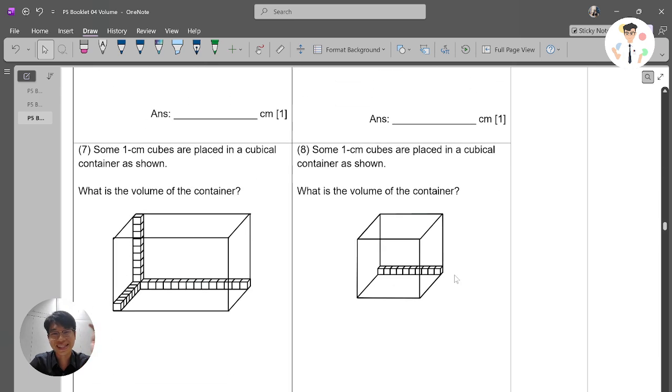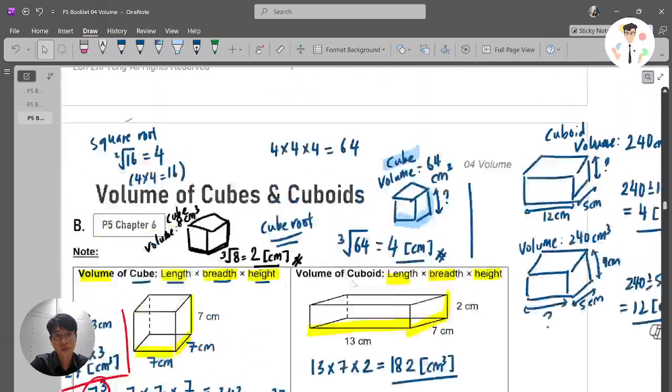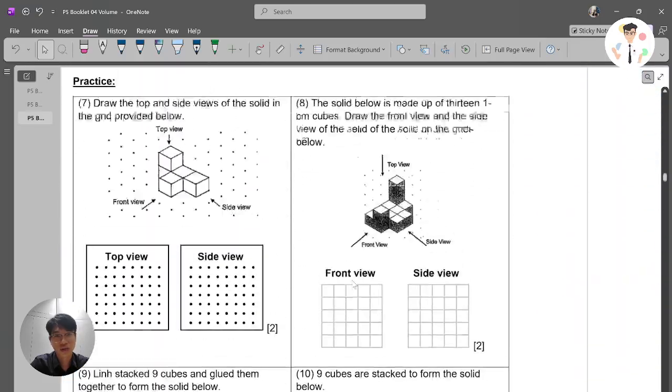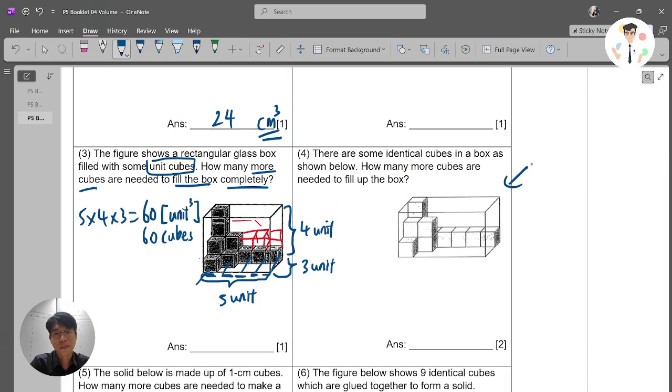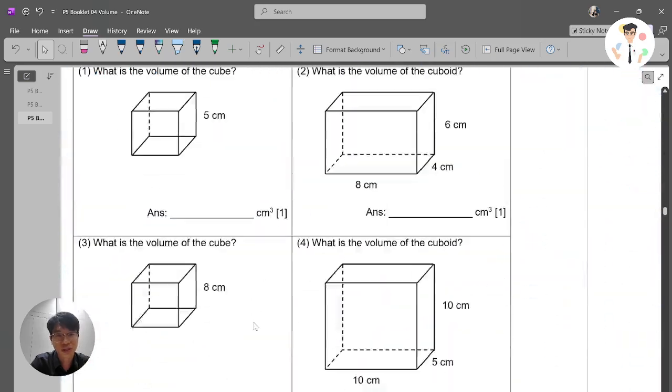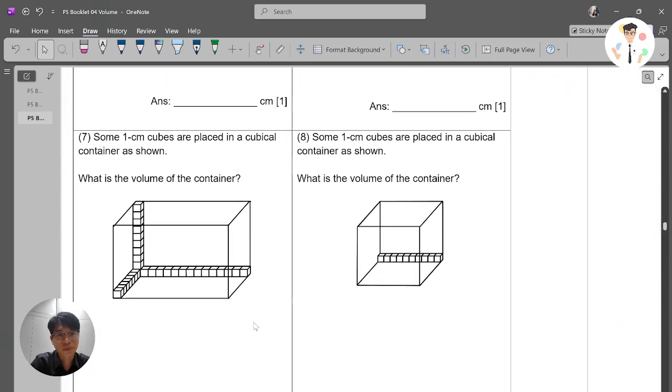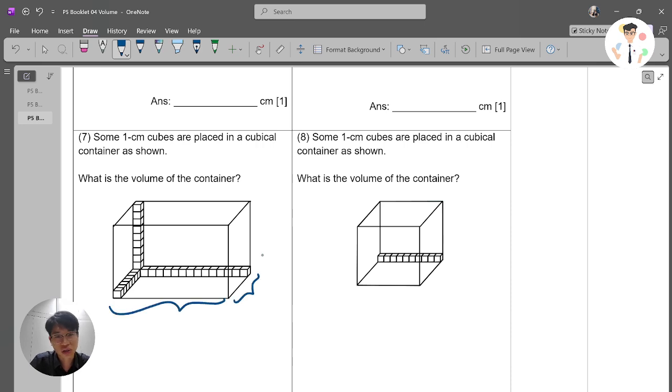Now you might see some question looks like this, and this question is actually something very similar to part A, where you see some of the question that looks like this, the one in the boxes. But of course, these questions will be so much easier. Now, I'm not giving you what is the length here, but you need to find out how many cm it is.